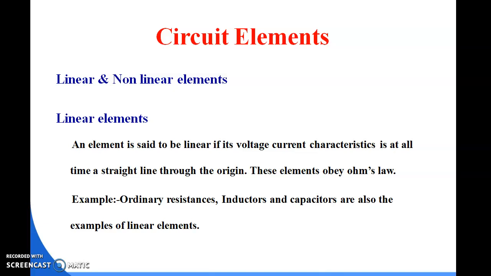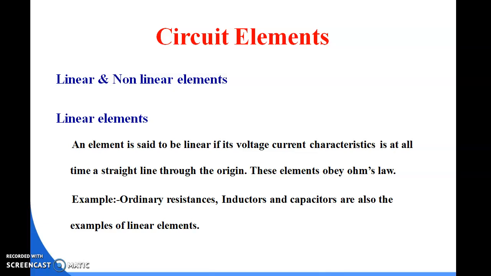So here it says an element is said to be linear if its voltage current characteristic is at all times a straight line through the origin. These elements obey Ohm's law. For example, ordinary resistances, inductors and capacitors are also examples of linear elements.